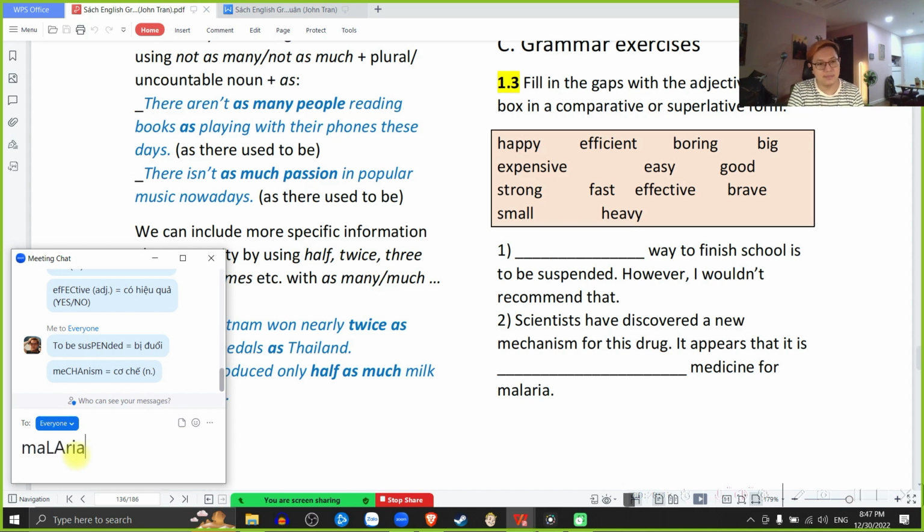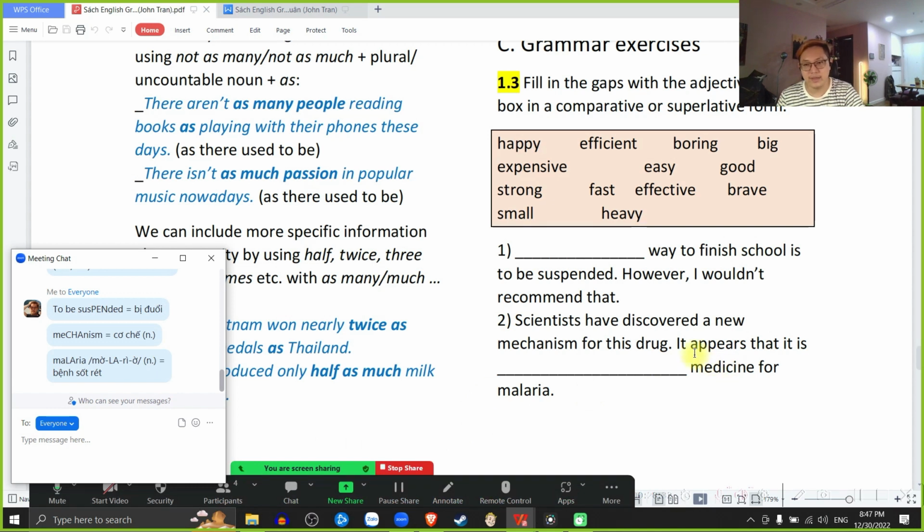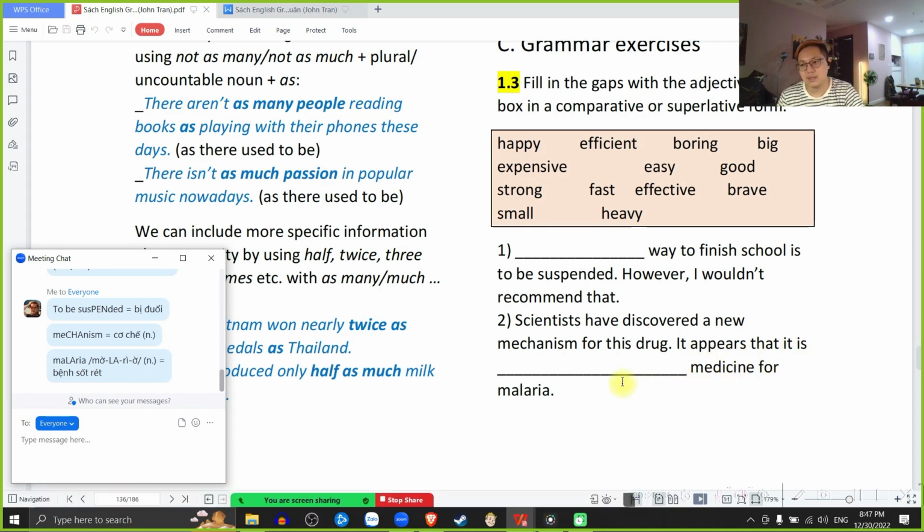Malaria, what is malaria? Malaria là bệnh sốt rét. Những nhà khoa học đã phát hiện một cái cơ chế mới cho cái thuốc này, có vẻ như rằng it is the most effective medicine, cái thuốc mà hiệu quả nhất cho bệnh sốt rét.